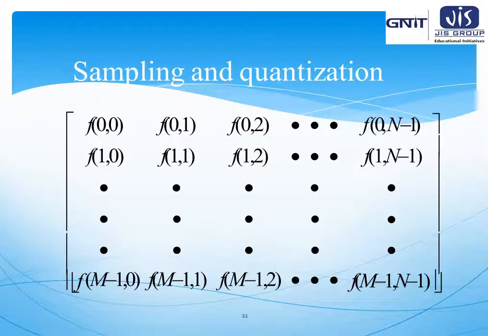So here an example of a digital image is given. f is the intensity value of that particular pixel and the coordinates are given in the bracket. So for the first one it is f(0,0), and for the last one it is f(M minus 1, N minus 1).